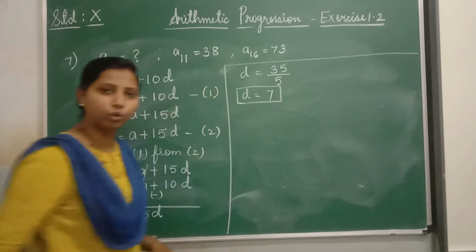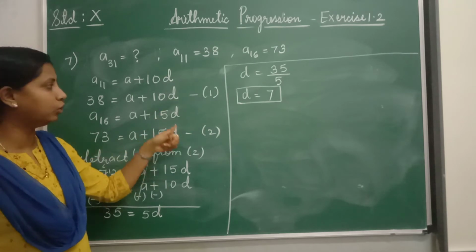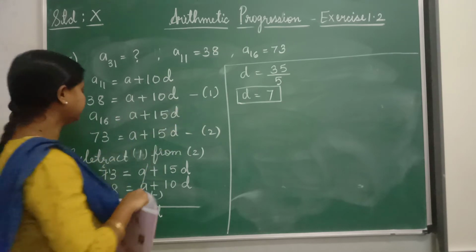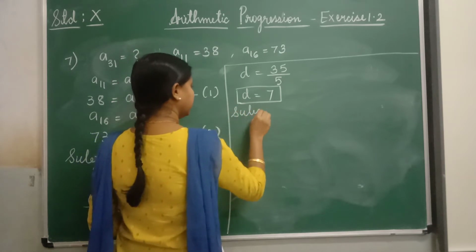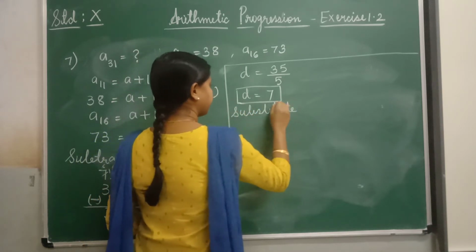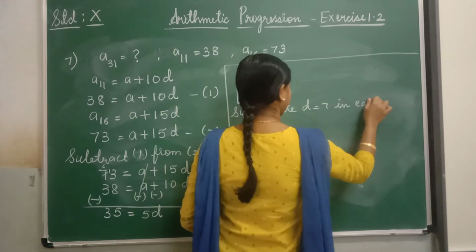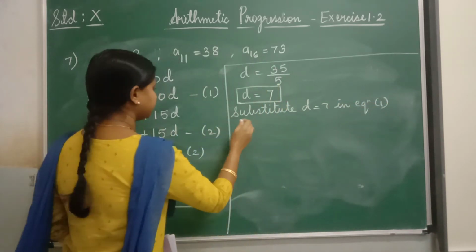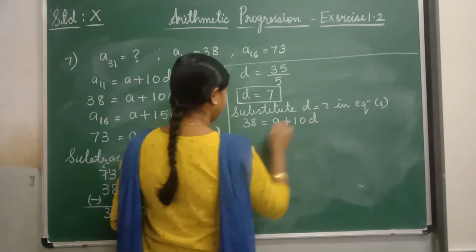Now you got D. Now substitute the value of D in any one equation and get the value of A. I will substitute D equals 7 in equation 1, that is, 38 equals A plus 10D.